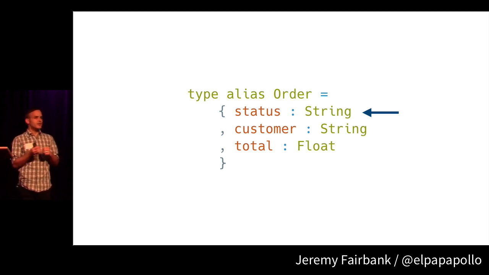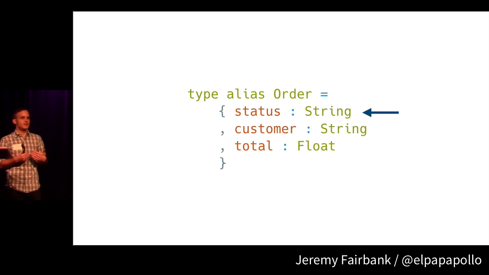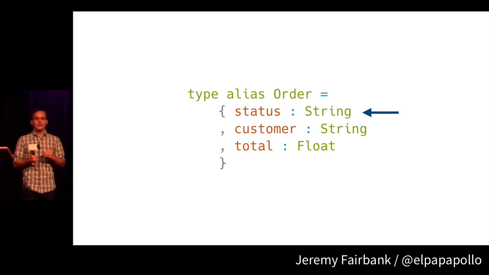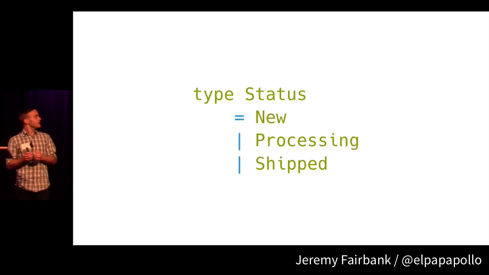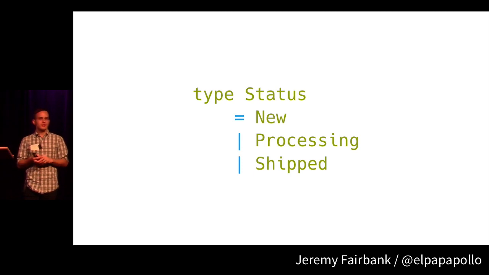That means a string of random characters or the empty string. But that doesn't make sense in our application. So we're going to need lots of runtime code to verify that status is a valid value. It would be nice if instead we could harness the type system to ensure that only valid values can exist in that status field. So we can actually do that with something called a union type.